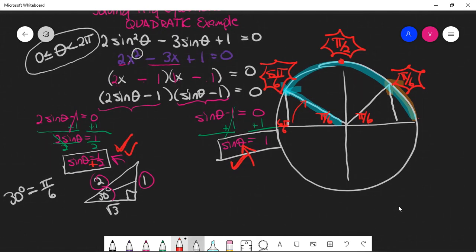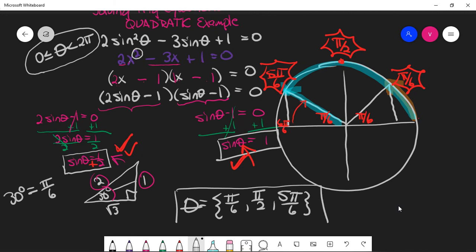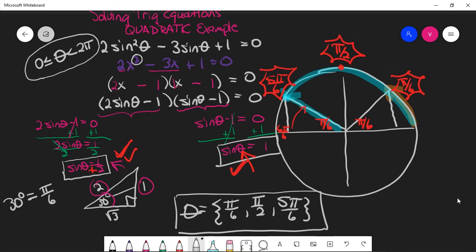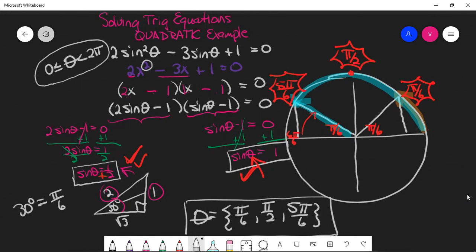Let's just do it nice and cleanly. Your possible solutions are pi over 6, or pi over 2, or 5 pi over 6. And there you go, a quadratic. So the main thing is to see an algebra connection going on here with all of these problems. Okay, thank you very much.